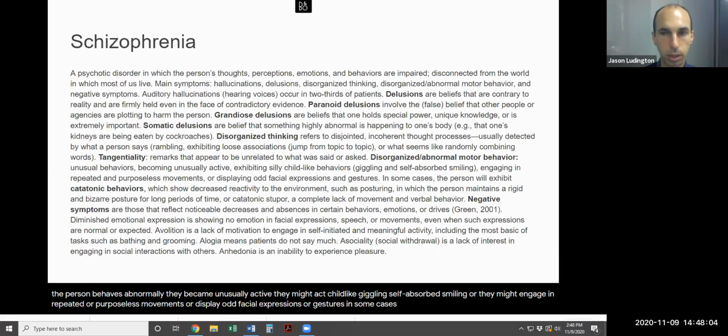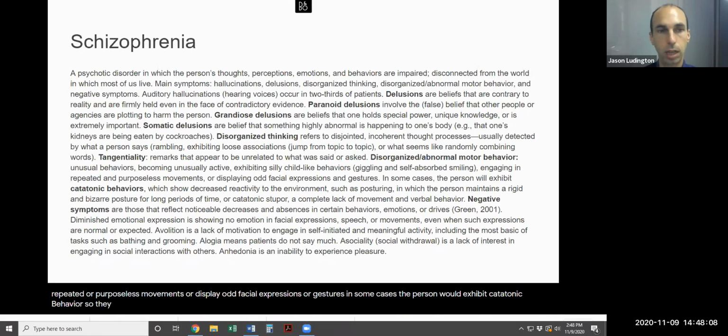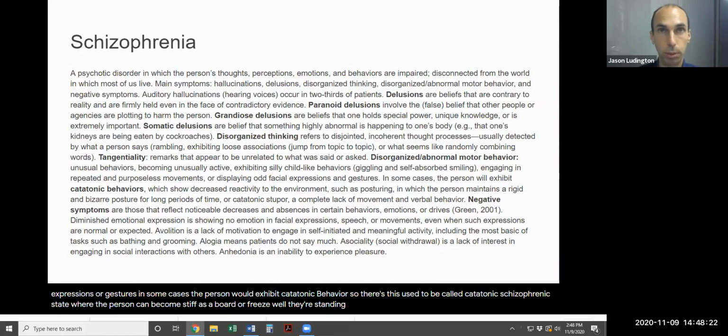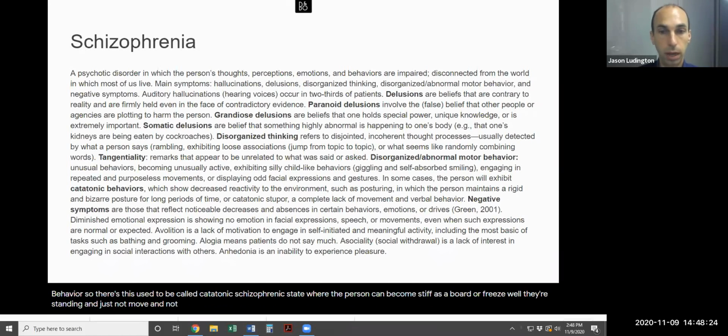In some cases, the person would exhibit catatonic behavior. So this used to be called catatonic schizophrenic state, where the person can become stiff as a board, or freeze while they're standing and just not move and not respond to their environment at all.